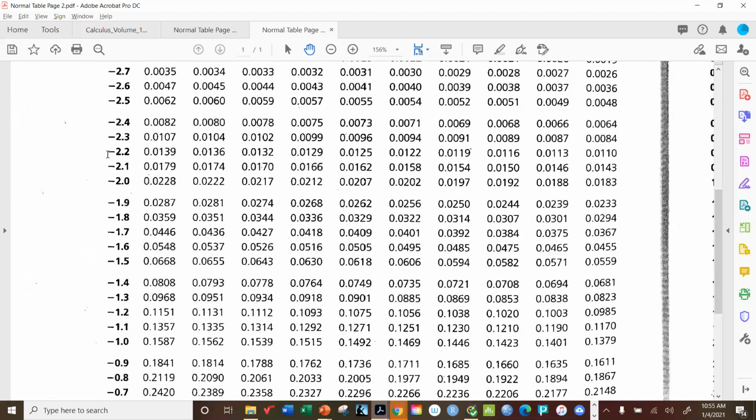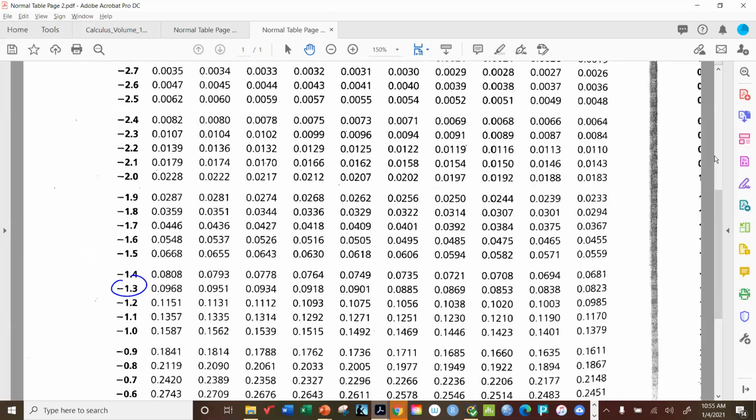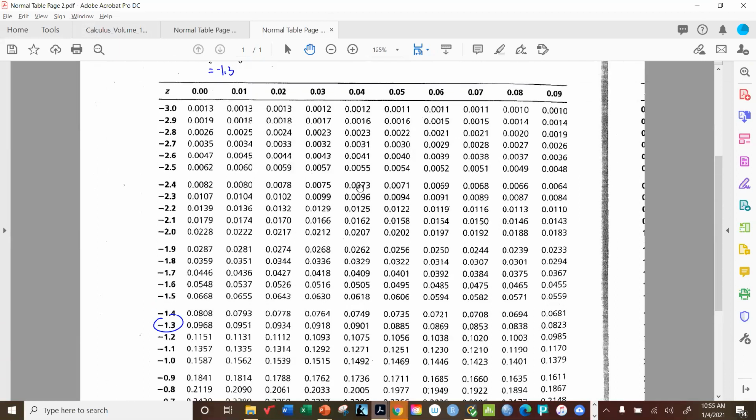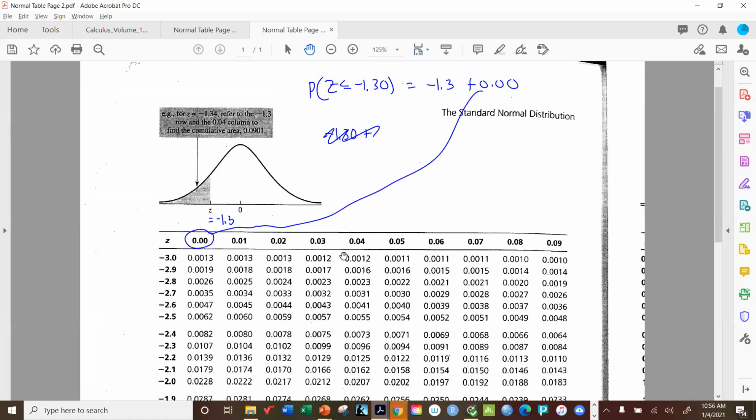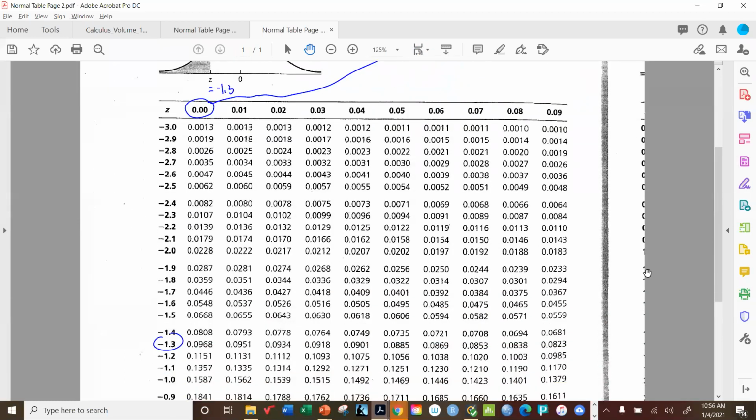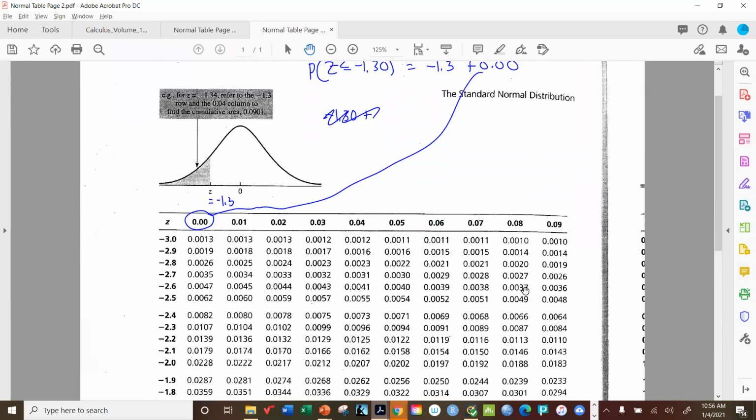It's way, way down here. And then the 0.00 comes from the top row right there. So we're looking for the intersection of these two values, and we come up with 0.0968. And that is what this area is.